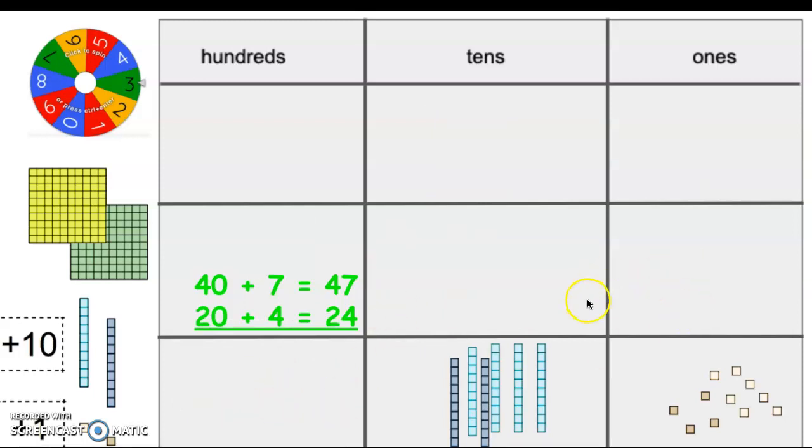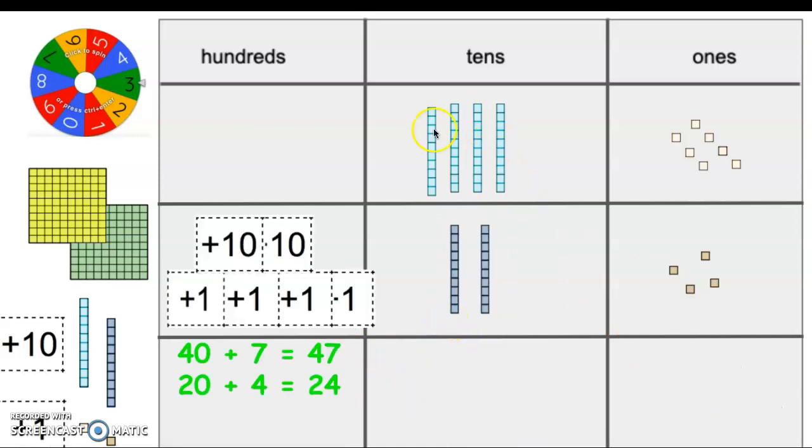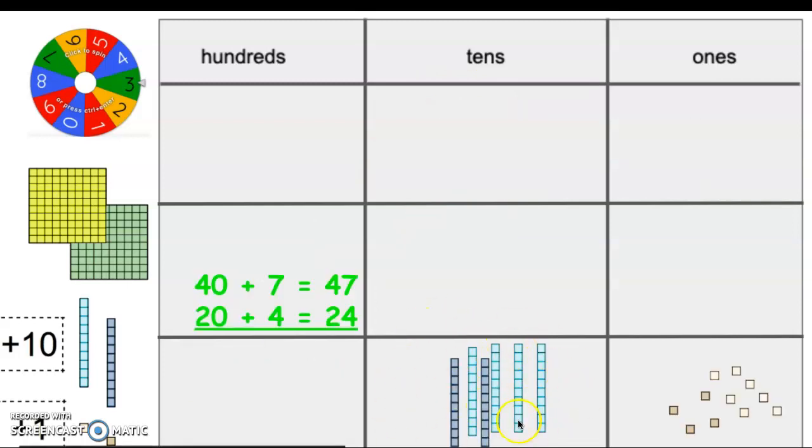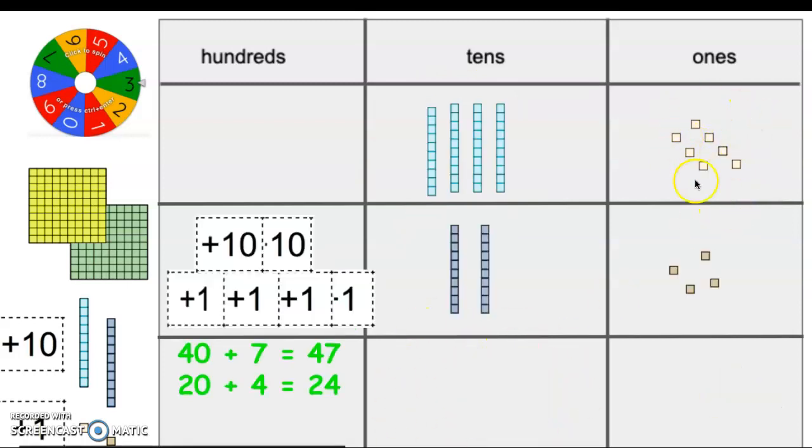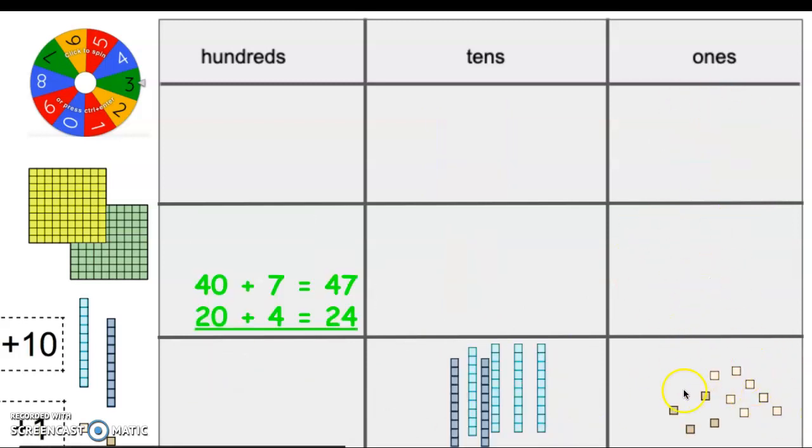Well, let's see. Before, we had the 4 rods of tens, and then we had 2. So we put it all together, that's 6 here. Now, if we go back and we have the 7 ones and then we have the 4 ones, all together here, that's 11.